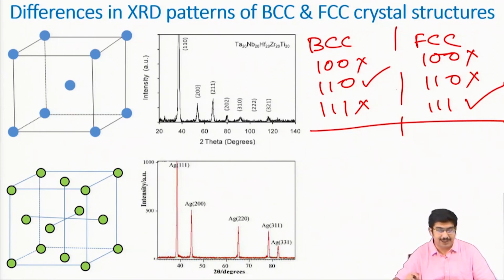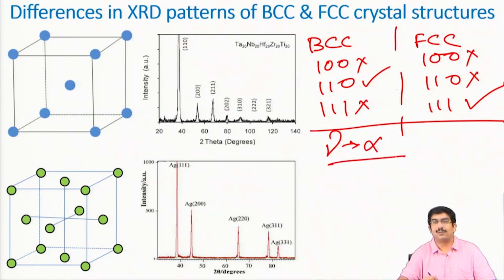This is very interesting and important, where if we have something like a phase transformation, the best example of this possibly is the gamma to alpha transformation. In case of iron, gamma phase to alpha phase, austenite to ferrite transformation.